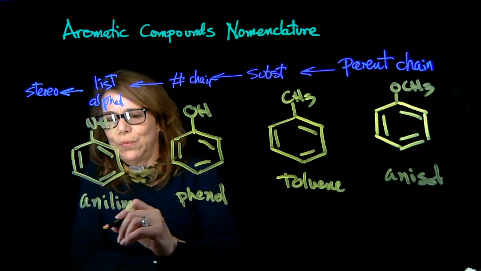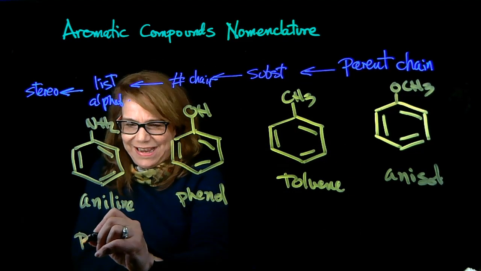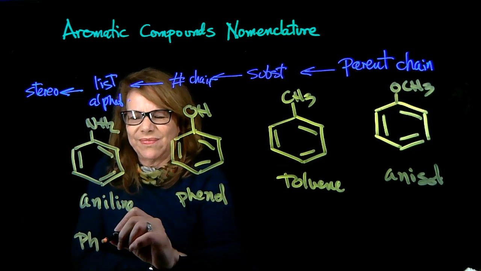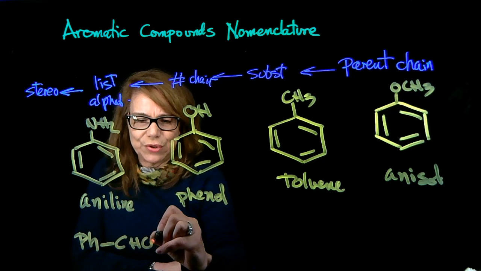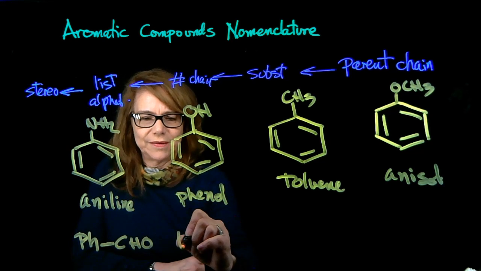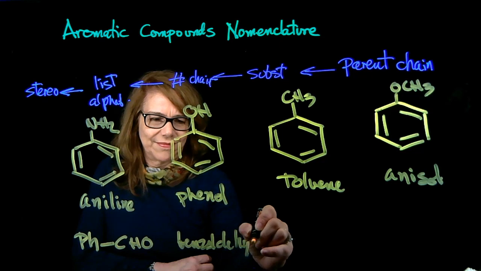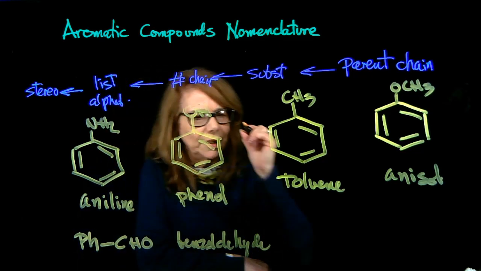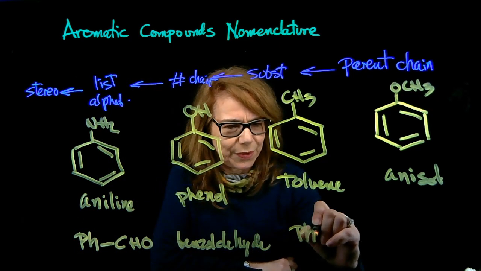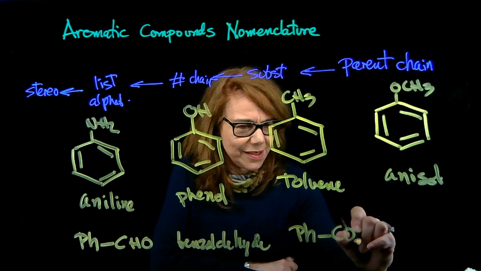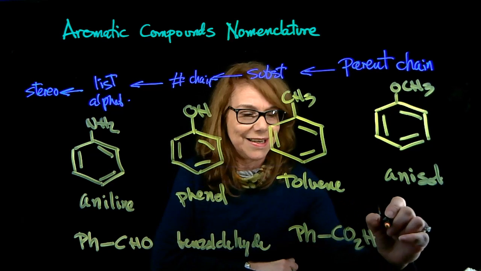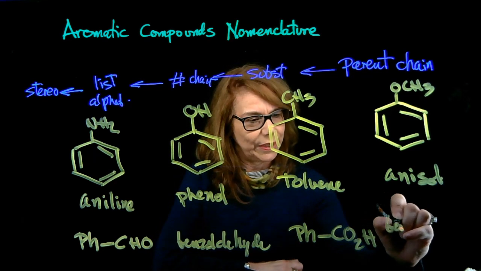And there are a few more. Now I'm going to abbreviate. This is a phenyl ring. And if I had this, which is an aldehyde group, it's benzaldehyde. And if I have the phenyl ring, and I have this, a carboxylic acid, this is benzoic acid.